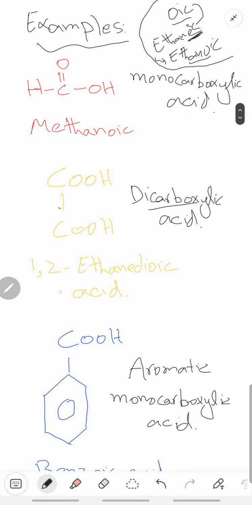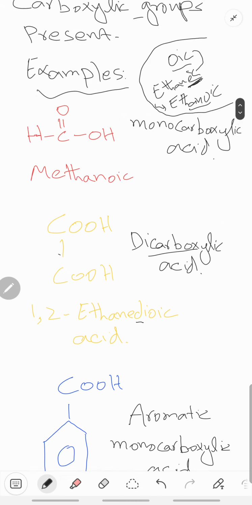And then there is another example, 1,2-ethanedioic acid. Ethanedioic acid contains a di in it. It means it has two carboxylic functional groups in one compound.